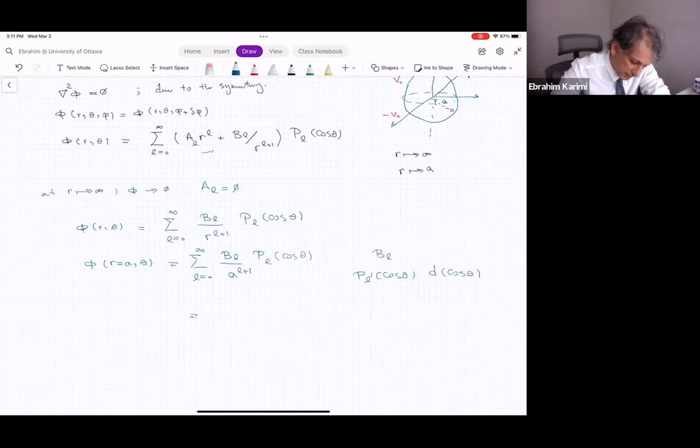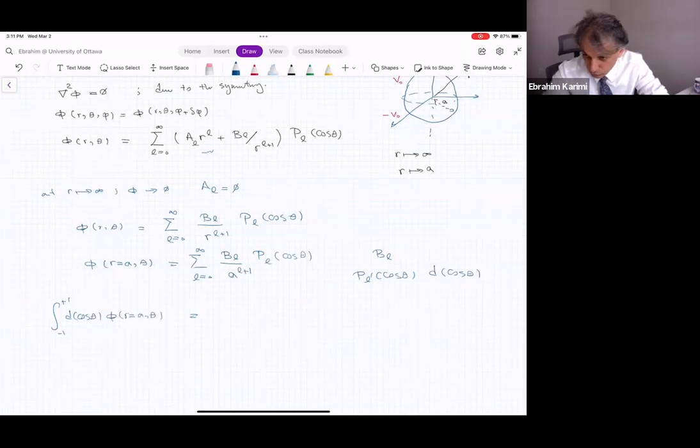Let's do that. So the integral of -1 to +1, d cosine of theta, of phi at R equal to A and theta. For different theta, we have to solve it because you will see the value will be changing.